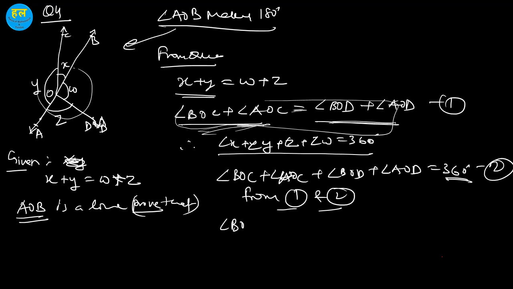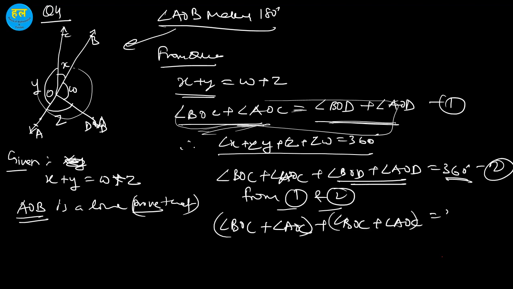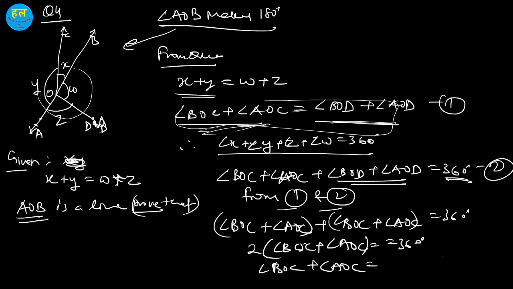So angle BOC plus angle AOC, plus we'll put the value of this from equation 1, angle BOC plus angle AOC equal to 360 degree. So 2 times angle BOC plus angle AOC is equal to 360 degree, and angle BOC plus angle AOC is equal to 360 by 2 is equal to 180 degree.